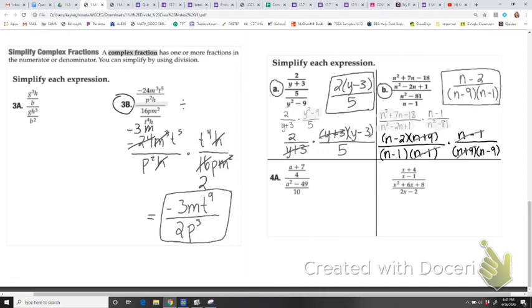And then the difference of squares there, n squared minus 81 becomes n plus 9, n minus 9. And then look for like factors that divide out. So the n plus 9s go away, the n minus 1s go away. So up there, that's in the box, is your final answer, n minus 2 over n minus 9 and n minus 1.